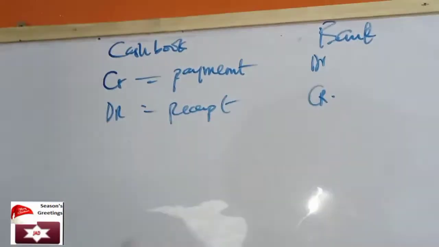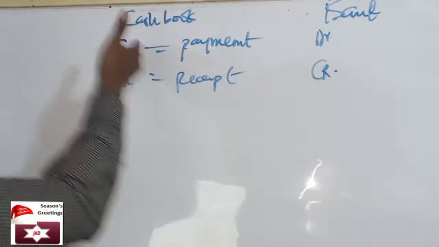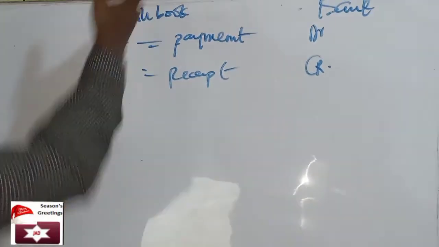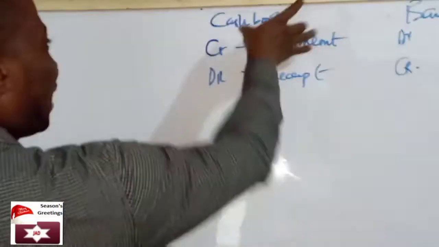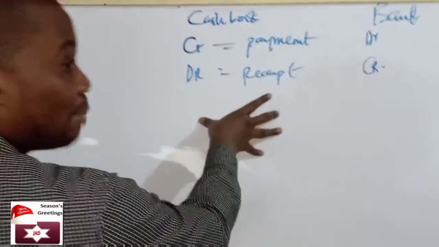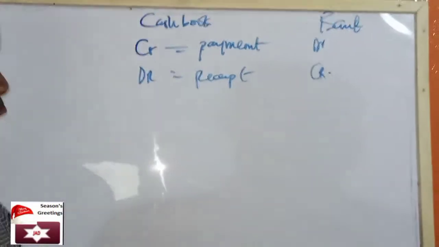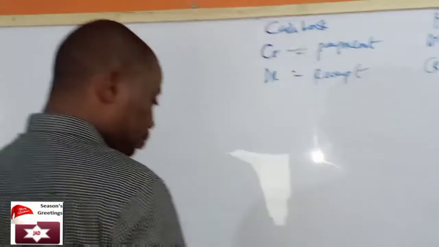So it means that every time you make payment and credit your cash book, the bank will debit you. When you receive money and debit your cash book, the bank will credit you. At the end of the period, you expect the balance in the cash book to be the same as the balance in the bank statement. The bank statement is sent by the bank to the customer, showing how the customer has operated his account.